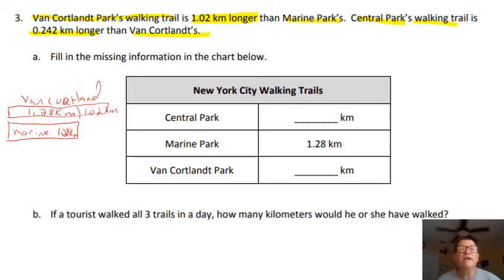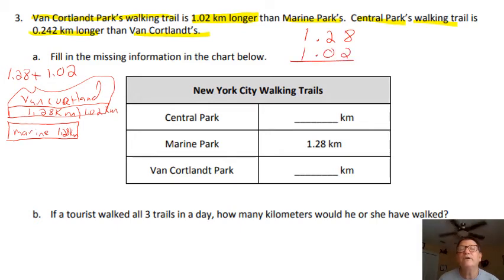So I can see that if I needed to solve for Van Cortlandt, I'd have to add these two values together. And I'd have 1.28 plus 1.02. And I can see they're both in the hundredths place. So I can go ahead and come over here, and I'm going to put 1 and 28 hundredths, 1 and 2 hundredths. When I add these together, 8 and 2 is 10, carry my 1, 2 and 1 is 3, and 2. So Van Cortlandt Park has to be 2 3/10 kilometers.